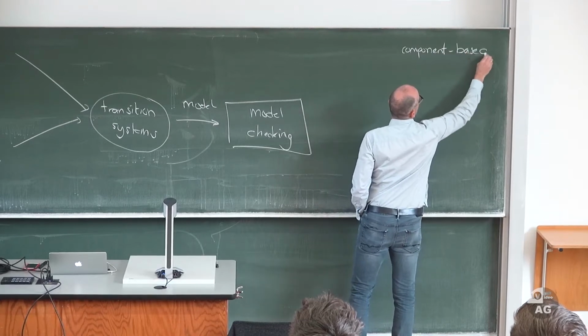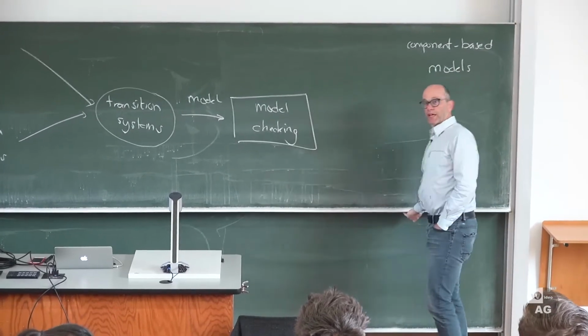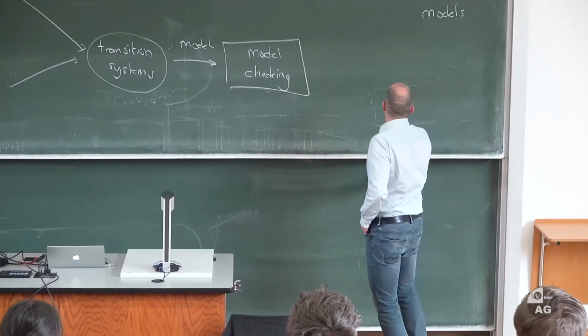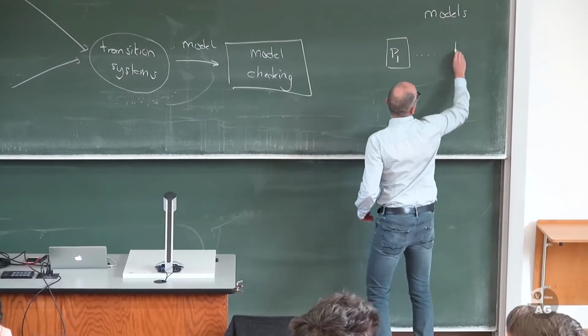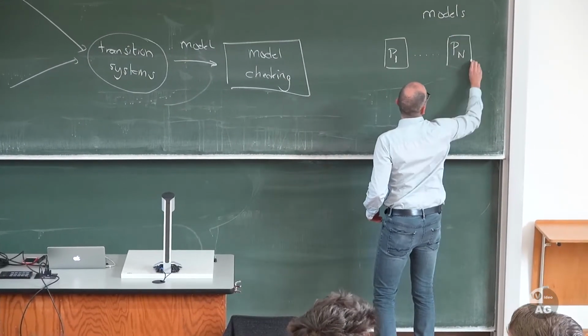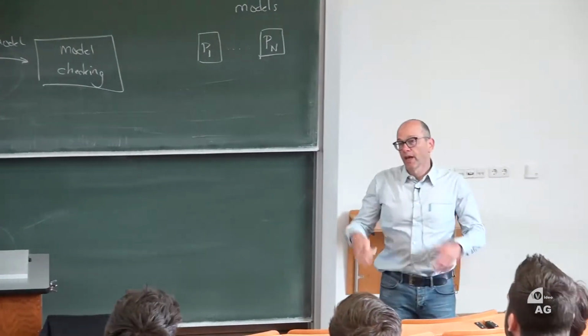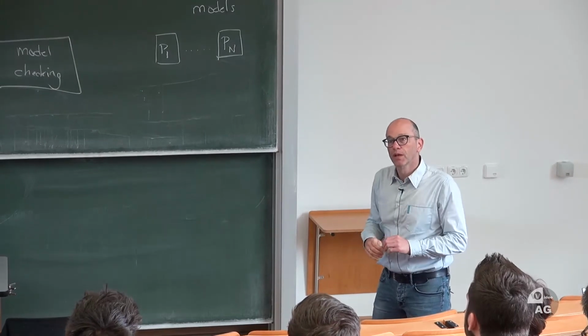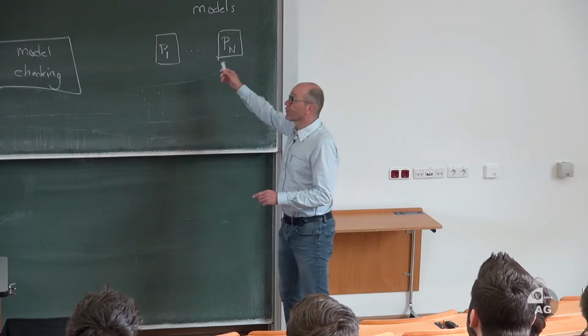Component-based models, which, if you would like to see it as a diagram, have several components, so maybe you have P1 up to Pn. Think about these components as threads. They have their own behavior, but every now and then they synchronize with other threads.